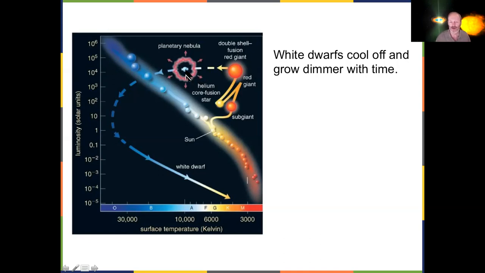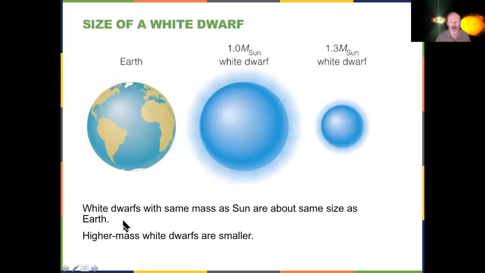What happens to that core? Well, we sort of move that all the way down here to this portion of the HR diagram where they're very, very hot and luminous, but they're slowly cooling off because they're not actually generating any more energy. They're just like if you turn the engine off of the car, but it takes a while to cool off. That's what's happening here for the white dwarf.